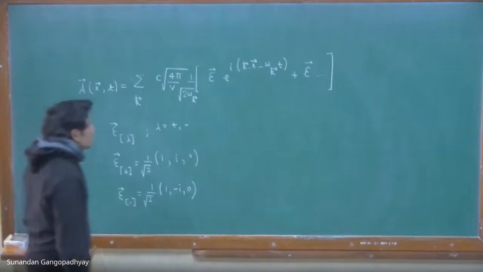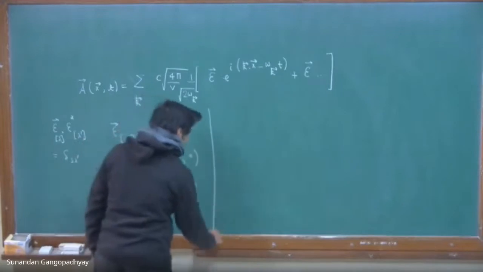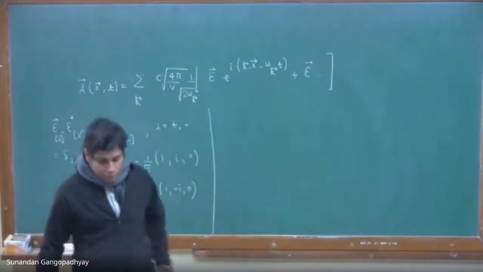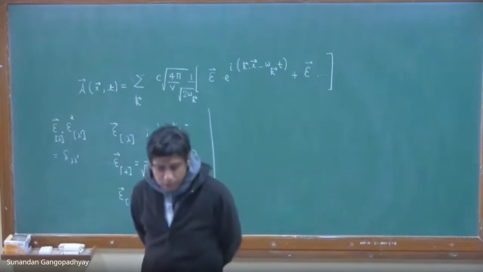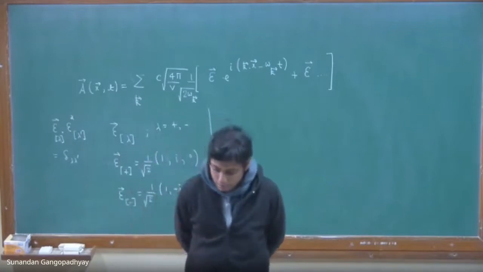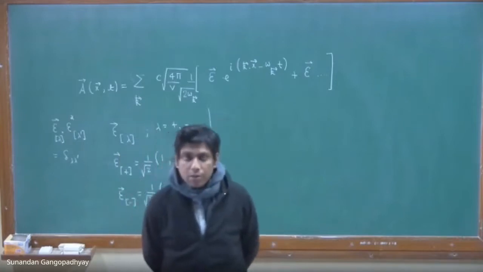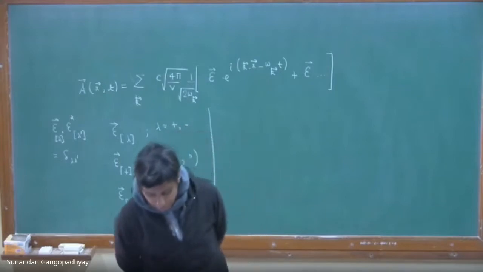What we do now is move on to the quantum case. Let us move on to the quantum case and write down the mode expansion, the normal mode expansion, or the Fourier mode expansion of the radiation field operator.